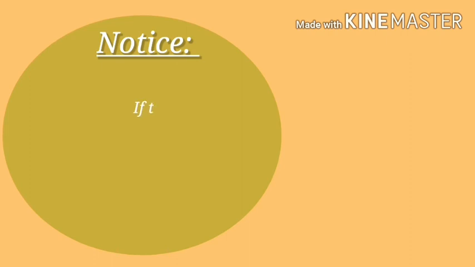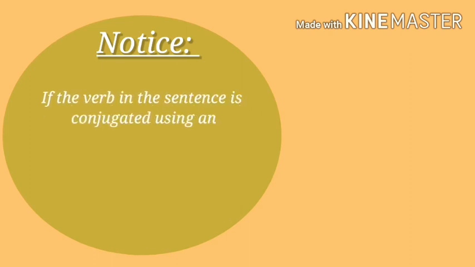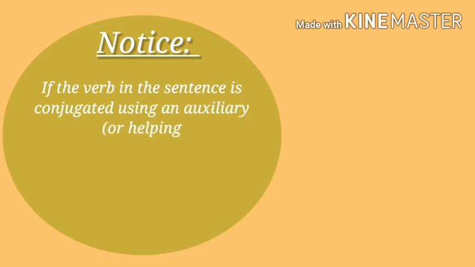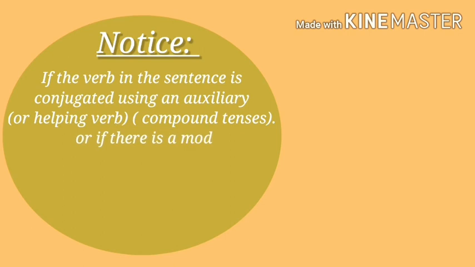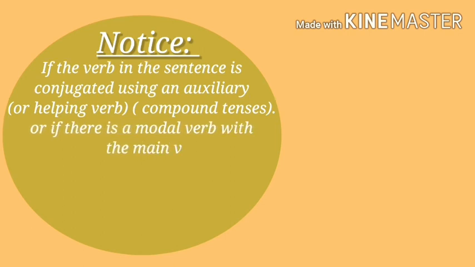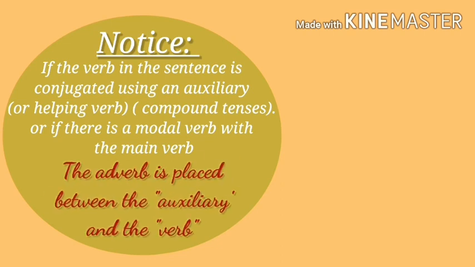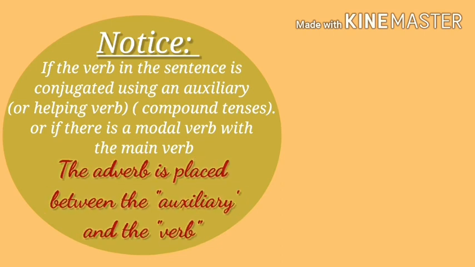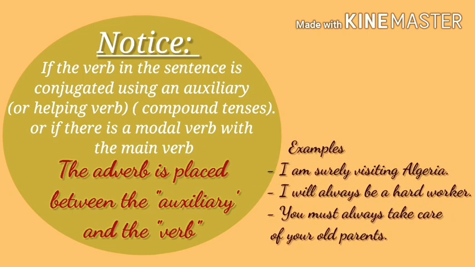Now, notice that if the verb in the sentence is conjugated using an auxiliary or helping verb, like to be and to have, which means the tense is a compound tense, or if there is a modal verb with the main verb, the adverb is placed between the auxiliary and the verb.